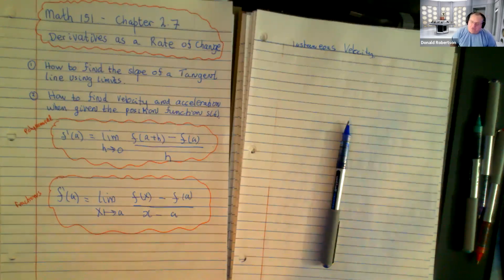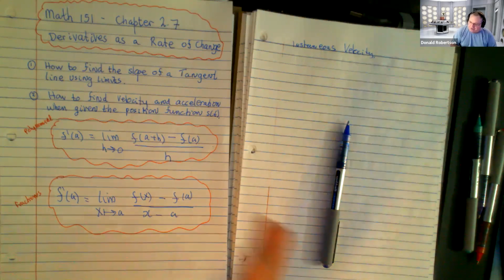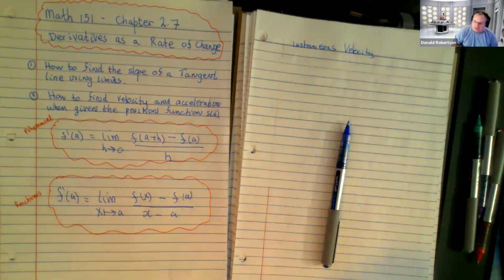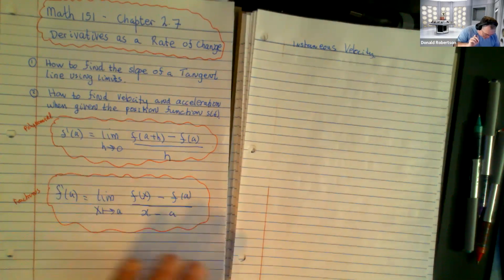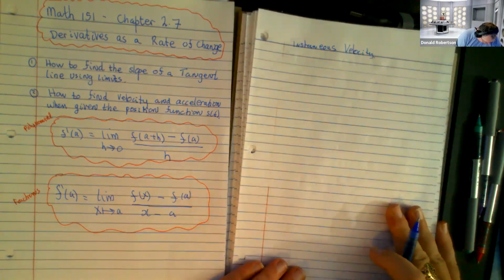Now, your average velocity would be over an interval, right? So I might be saying I'm driving from here to Poulsbo and my average velocity was 42 miles an hour. That doesn't mean I was doing 42 miles an hour every single moment of that entire journey. Agreed? Sometimes I'm doing 30, sometimes I'm doing 60, but from start to finish, that's what it averaged out at. So instantaneous velocity is what's happening at that exact instant of time.